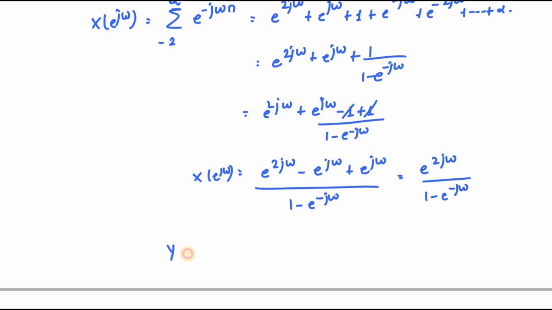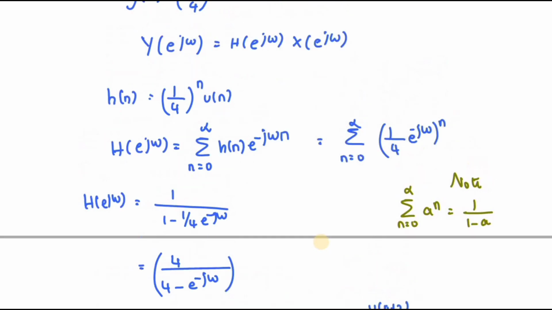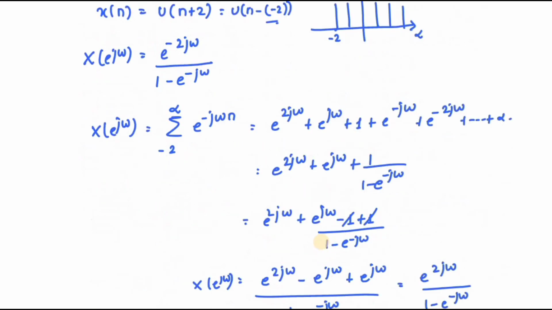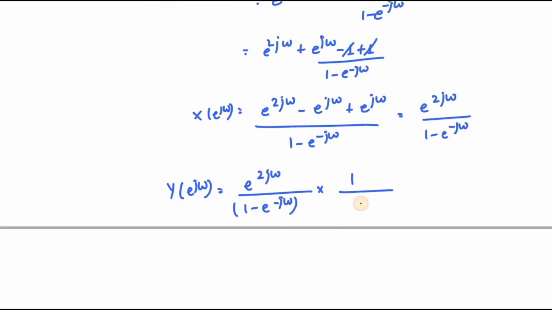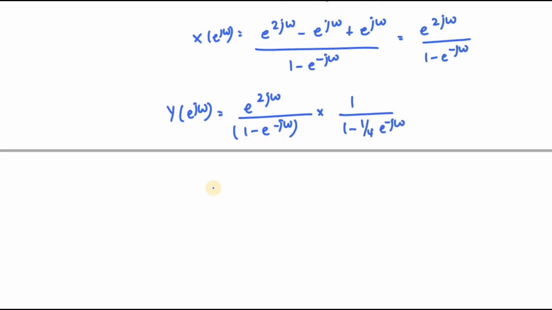Next, I need to find the value of Y of e power j omega. That is equal to X of e power j omega, which is this value, multiplied by H of e power j omega, that is 1 divided by 1 minus 1 by 4 e power minus j omega. Now I can take the partial fraction: A divided by 1 minus e power minus j omega plus B divided by 1 minus 1 by 4 e power minus j omega.